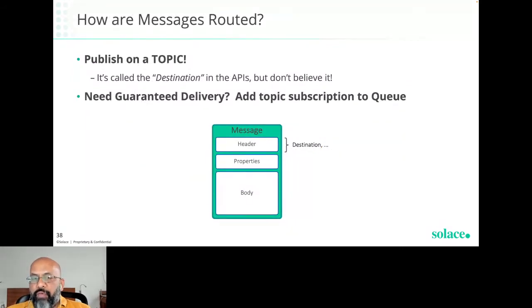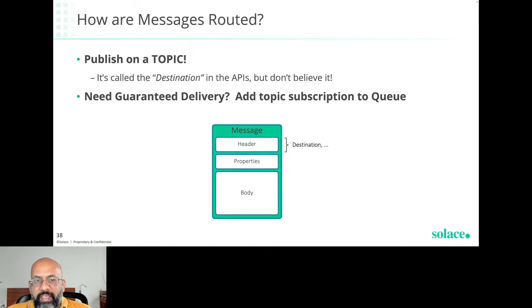Now, the essence of EDA is about message routing. When I say routing, I mean between the publisher and subscribers, who's going to get what. If you ask that question specifically, the answer is through the topic. When you publish an event or a message, you are publishing it to a topic, which is a destination.